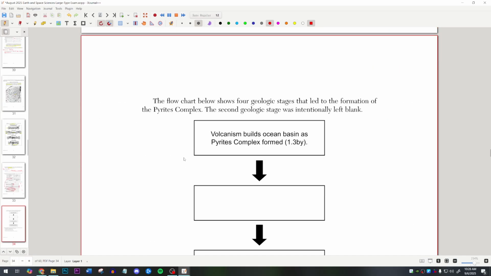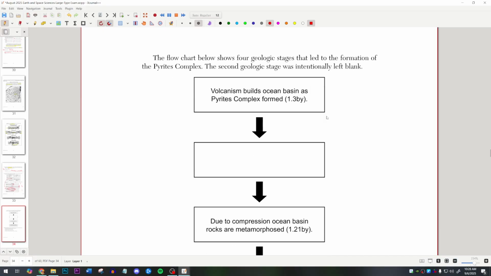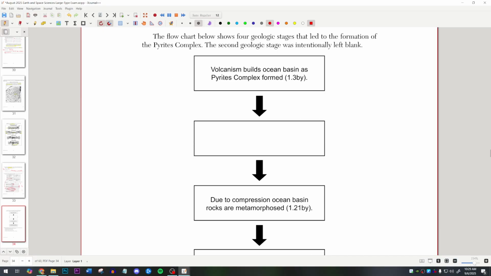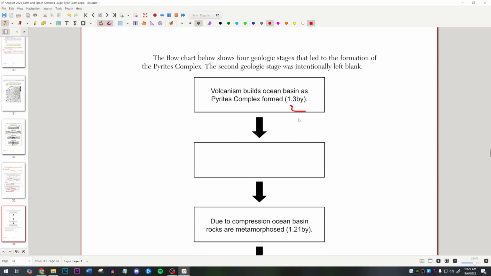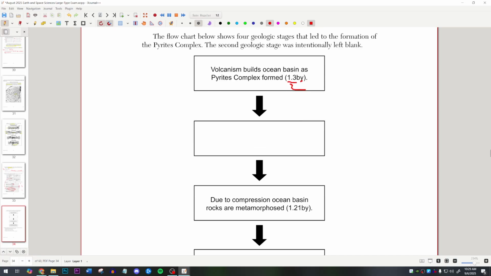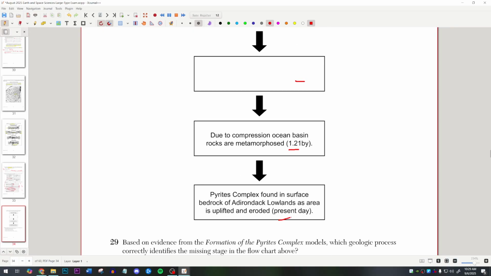All right. The flowchart below shows 4 geologic stages that led to the formation of the pyrites complex. The second one was left blank. Oh, well, of course. Volcanism builds the basin 1.3 billion years ago. We're going to see if we can do something here. Let's just go by the times. 1.3, blank. 1.21, present.